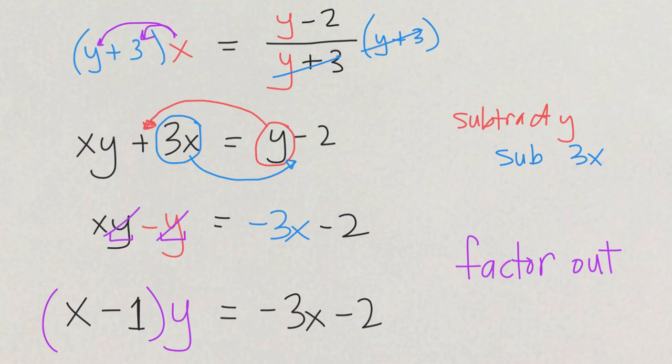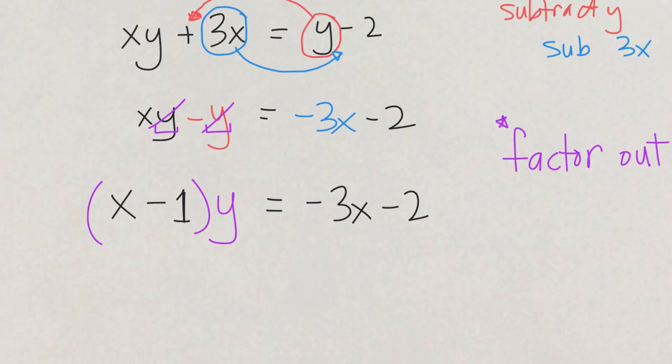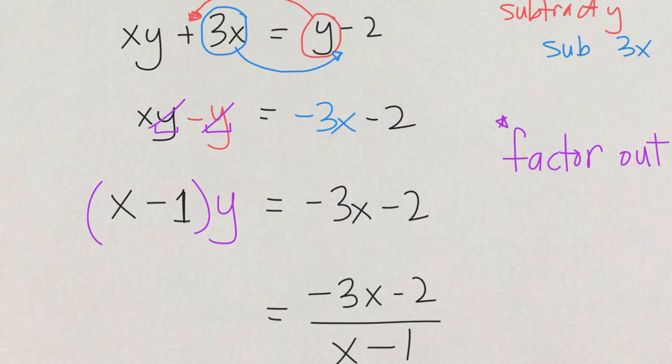Okay? That's the key to doing these problems, is to factor out y from both of your terms on the left side. And now it's just a matter of dividing. We're going to divide both sides by x minus 1. Okay, we're going to divide by this to get our y value alone.